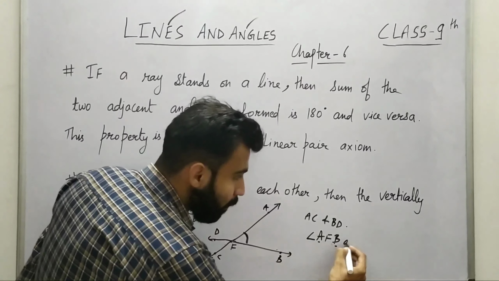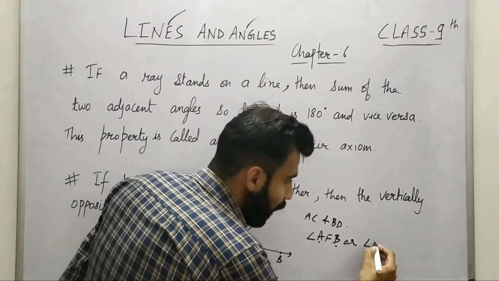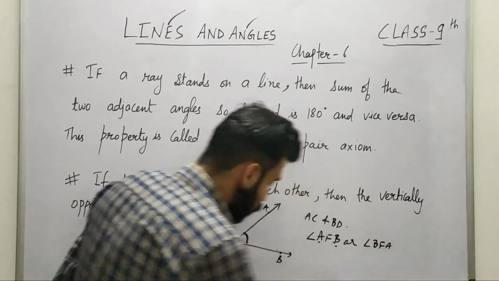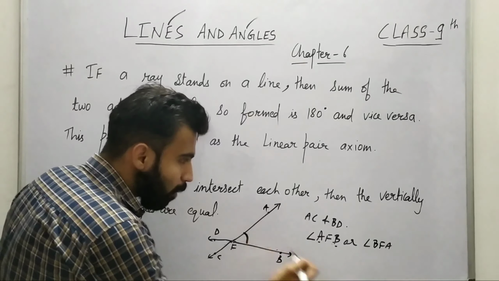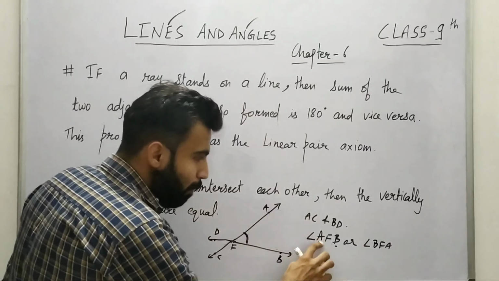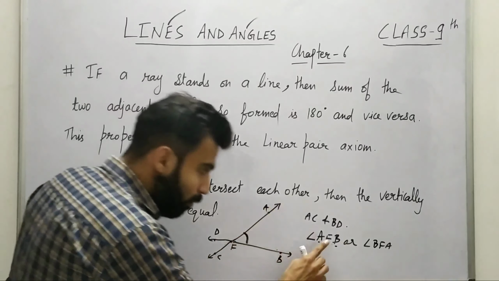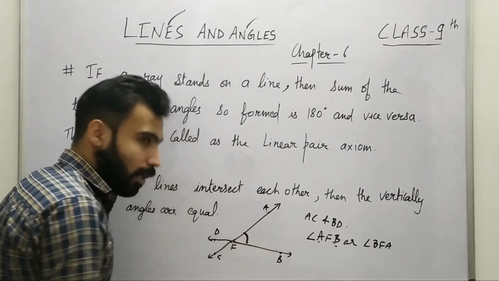You can also write this angle as BFA. So angle BFA. There is no problem in keeping the other alphabets first or later. You can keep B first, or you can keep A first, but always keep the middle alphabet at which the angle is actually forming.